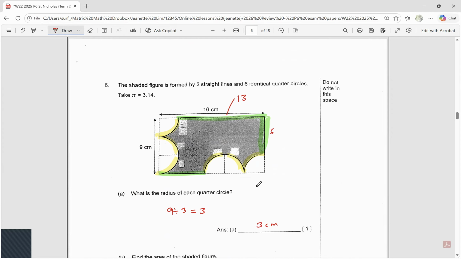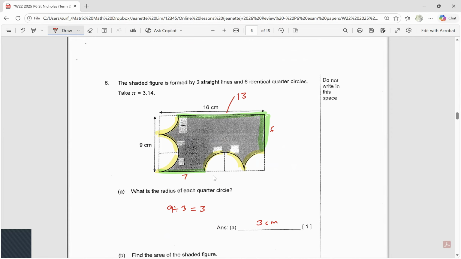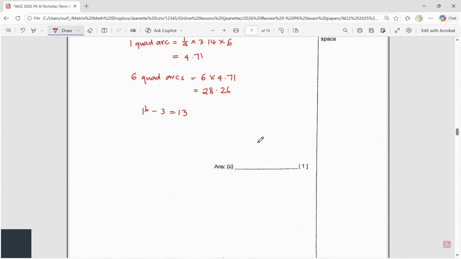Then here, 16 minus 9, which is 7. Now we add all of them together: 28.26 plus 13 plus 6 plus 7 will give us 54.26 cm.